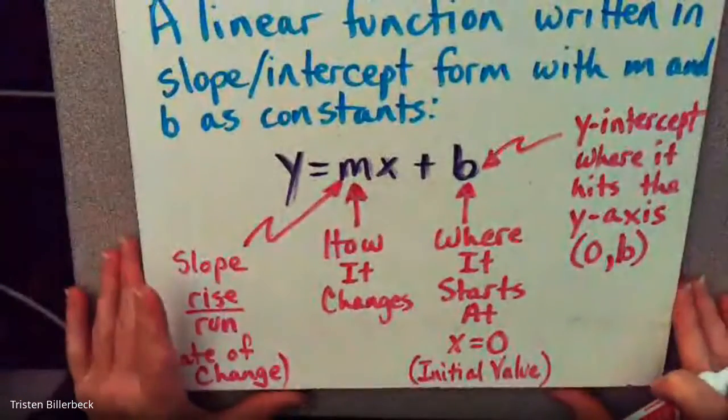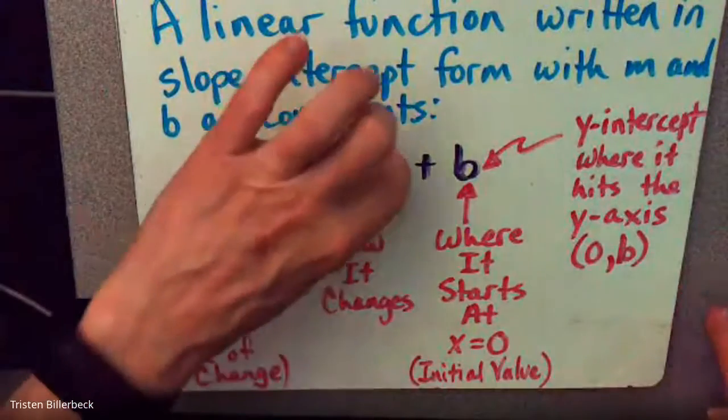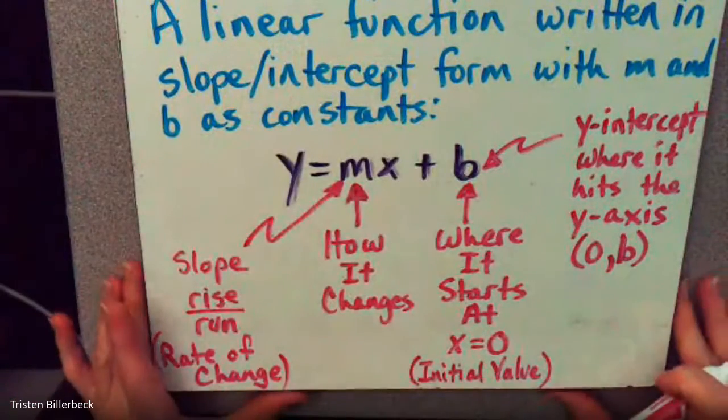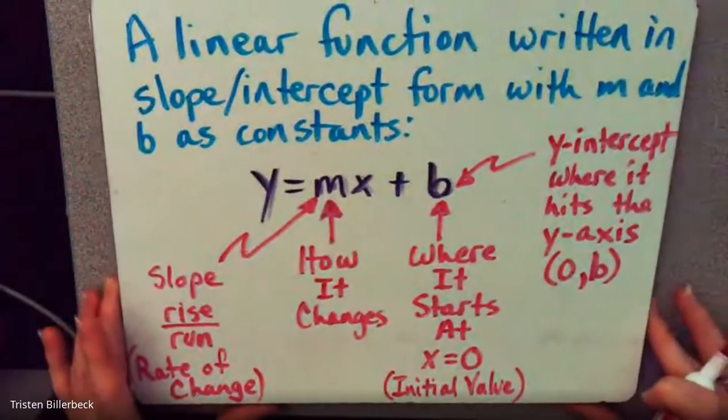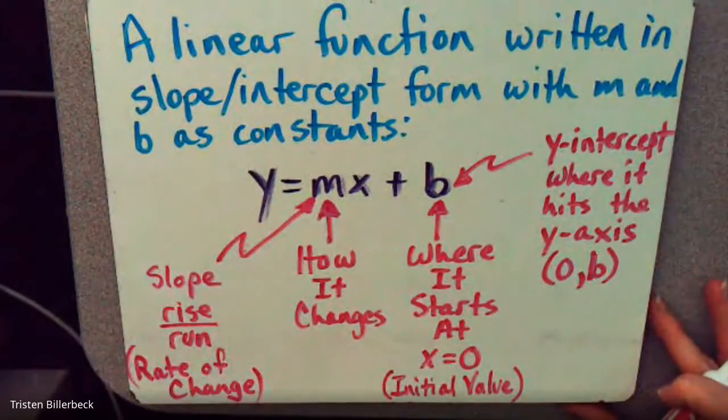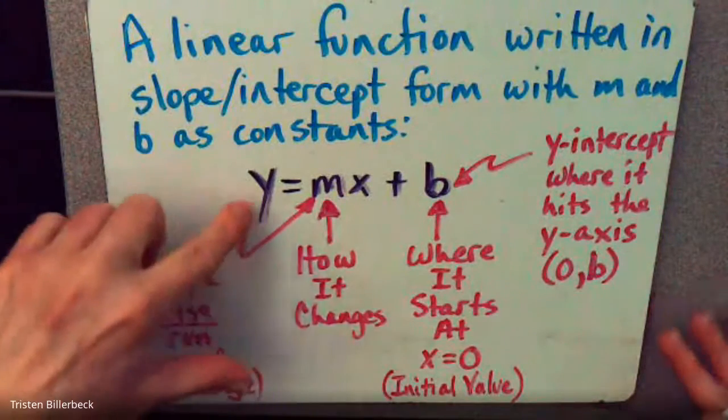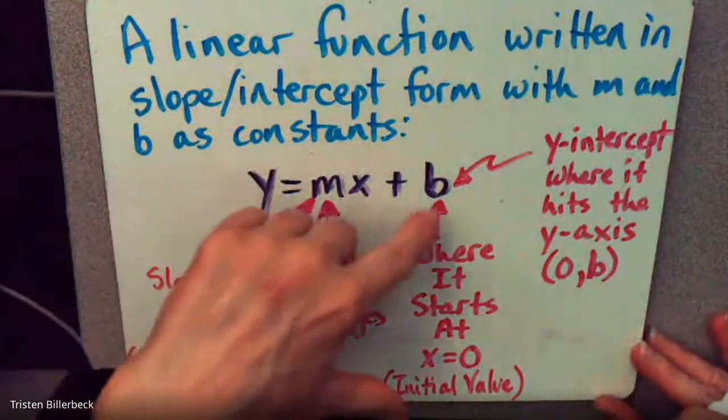Linear means our x variable only has an exponent of 1, which we don't write, so there's never a 1 right there. So a linear function written in slope-intercept form with m and b as constants. So y equals mx plus b.